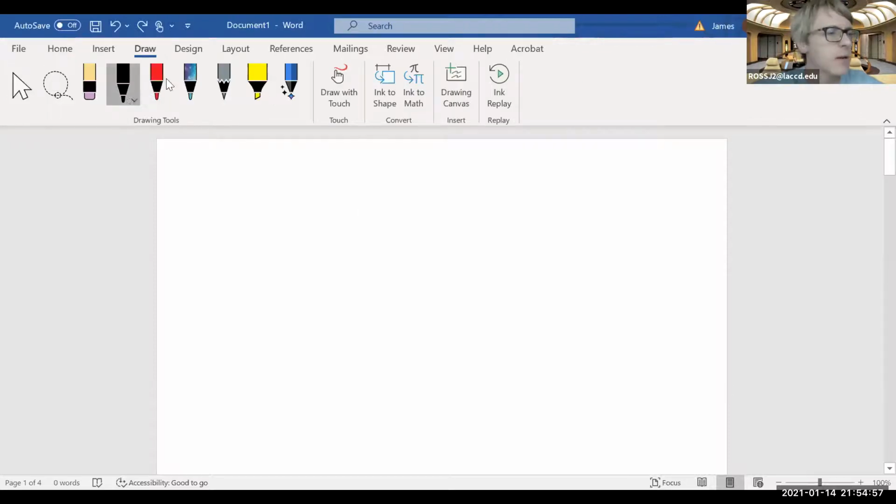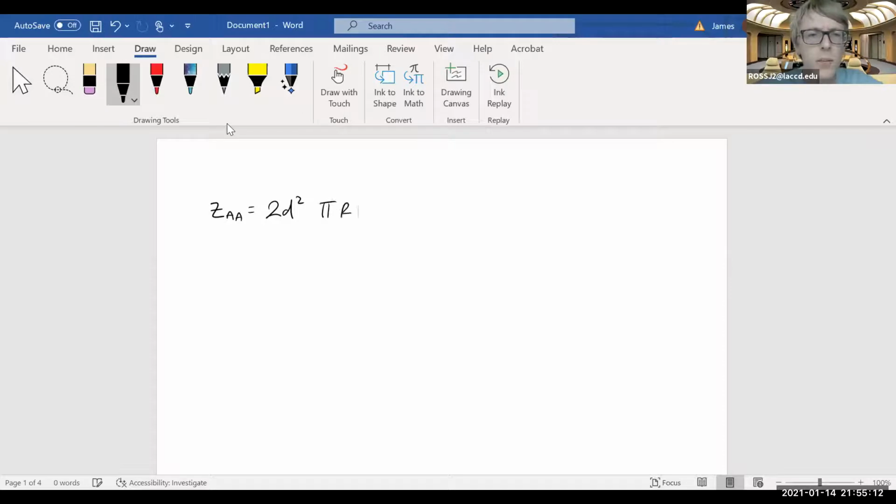So this is to justify where that final value of Z was coming from. We initially had Z_AA is 2d squared pi RT over the molar mass, radical, and then we had N over V squared.